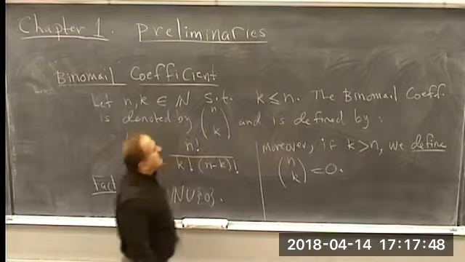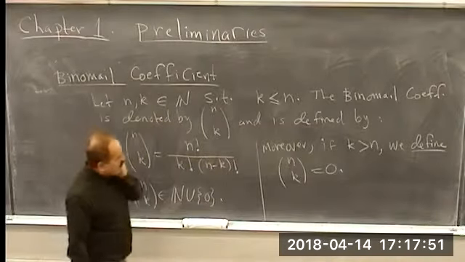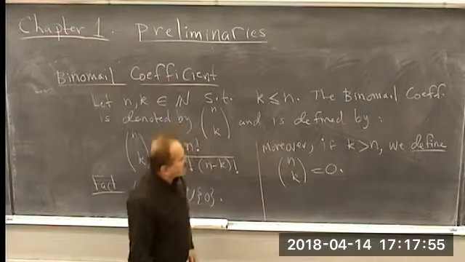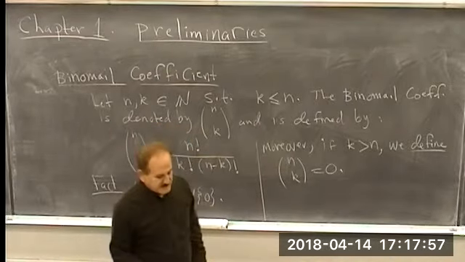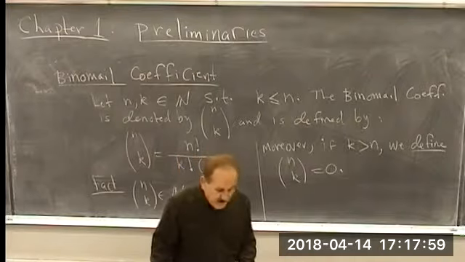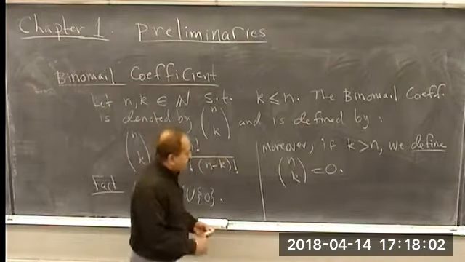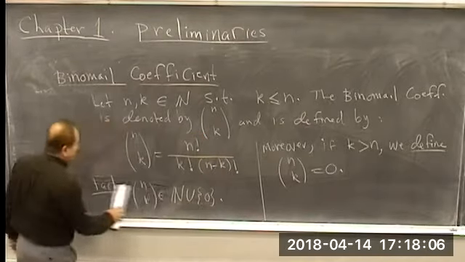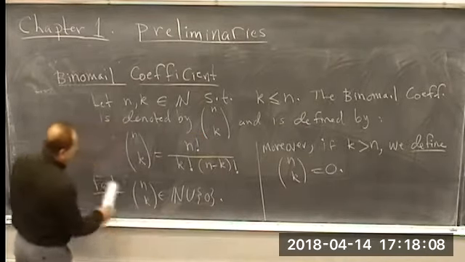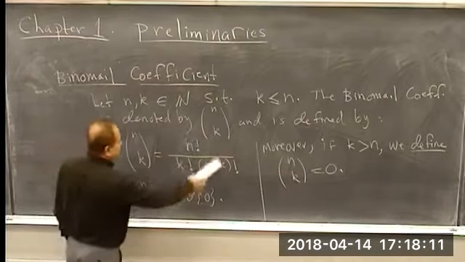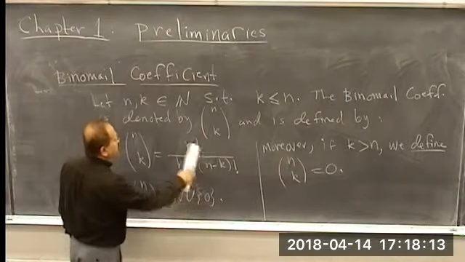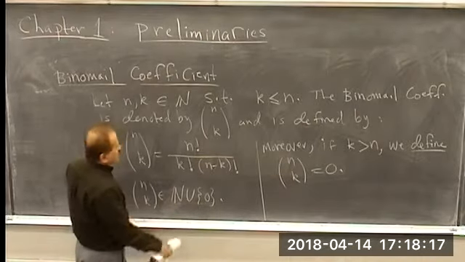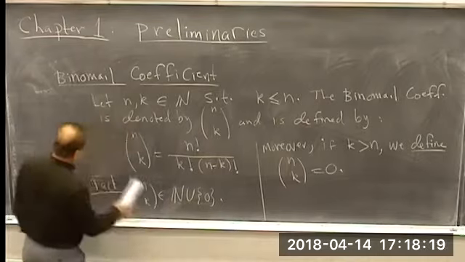So with this way, this is defined basically for all natural numbers. Of course, this is not going to do any good, but at least this is something we can have. All right. Of course, to show that this is actually a natural number, it looks like there is a fraction in here. But somehow, a lot of these terms actually cancel out, and we're going to see it does actually produce a natural number.